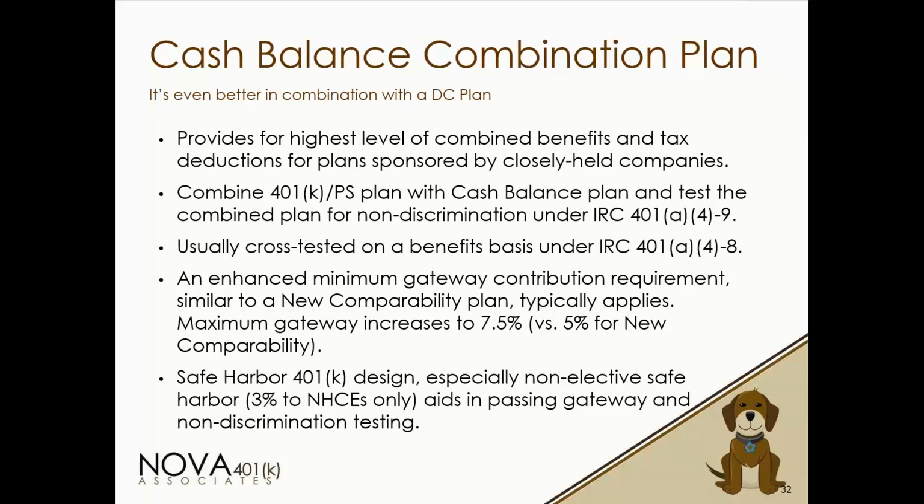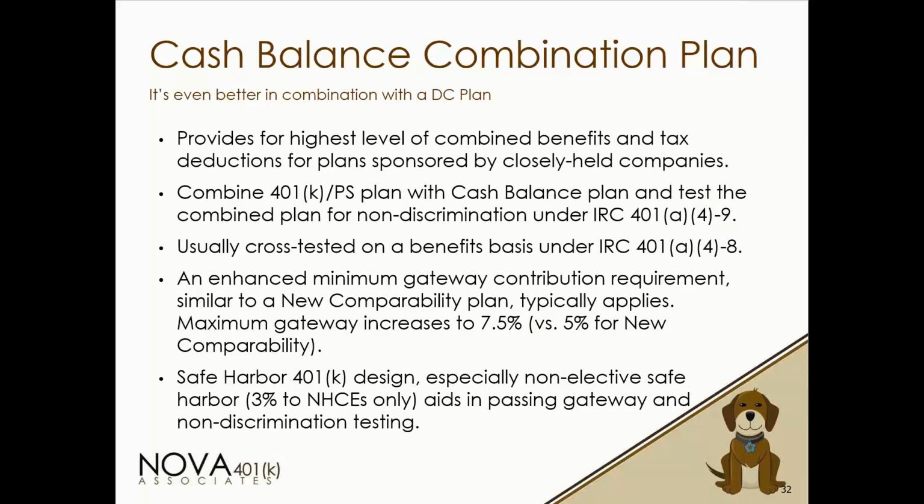The gateway changes from what would typically be 5% to potentially 7.5%. But we do get to cross test these plans, and so we test these on a benefits basis, and that's why we can typically get away with this. I'll talk a little bit about that when we look at the example on the next page.